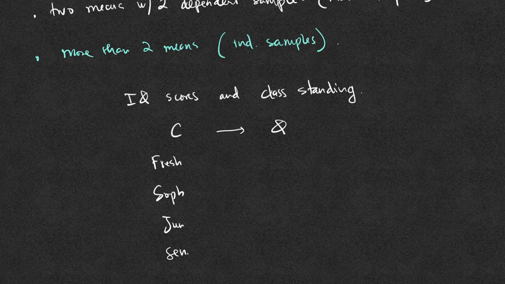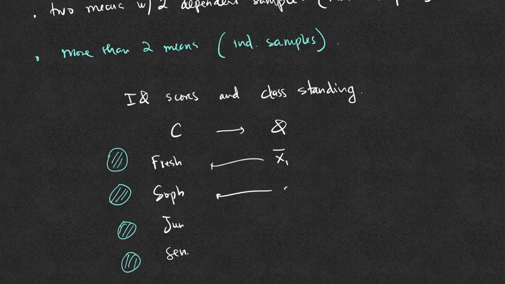We study the subpopulations: freshmen, sophomores, juniors, seniors. In statistics, we would pick a sample of the subpopulation of freshmen, a sample of the subpopulation of sophomores, and so on. And in each of these samples, we will compute the statistics. Specifically, we will compute the average IQ score for the sample that we obtain from the freshman subpopulation, x-bar, the average IQ score for the sample that we obtain from the sophomore subpopulation, and so on.